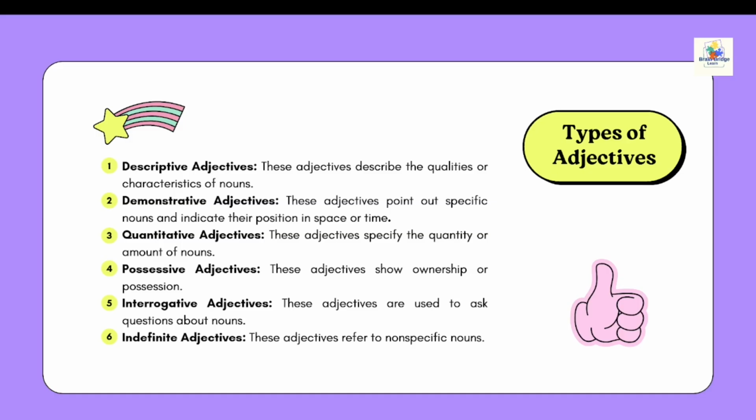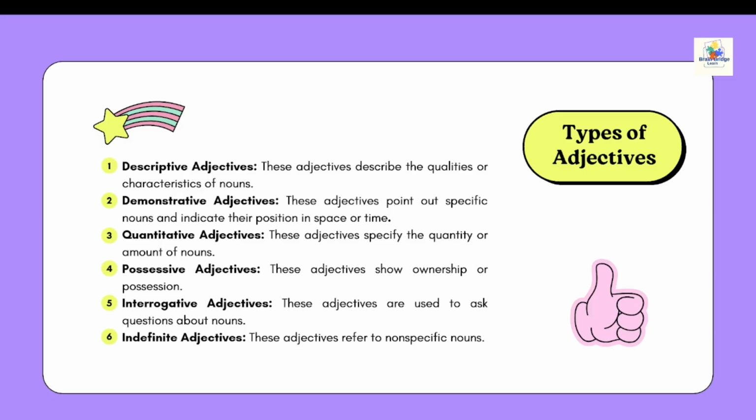These adjectives specify the quantity or amount of nouns. Like there are 5 apples. Here we will use quantitative adjectives because it is telling how many apples there are. There are 5 apples, like that.